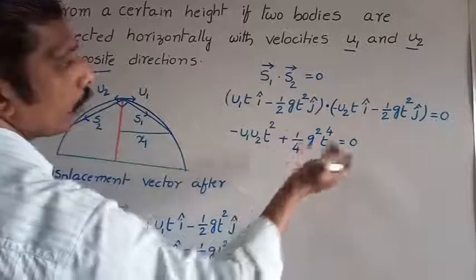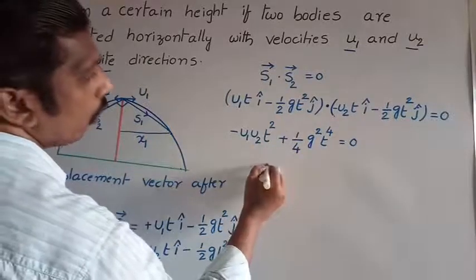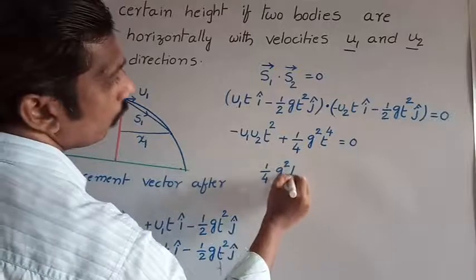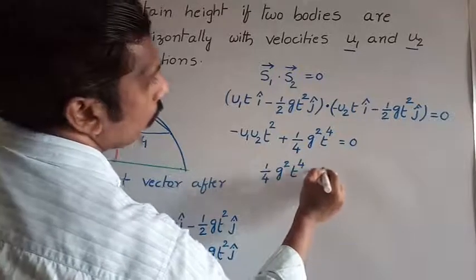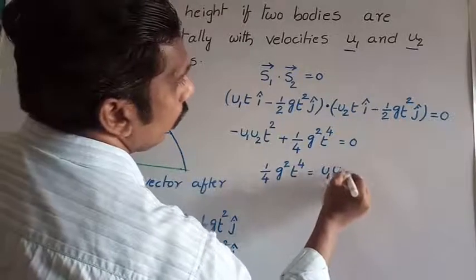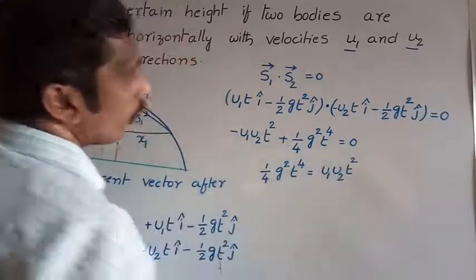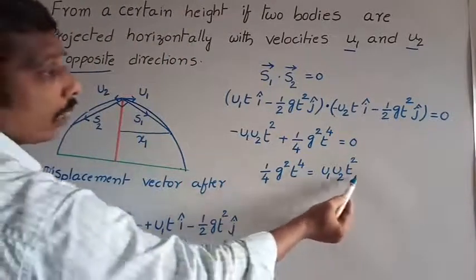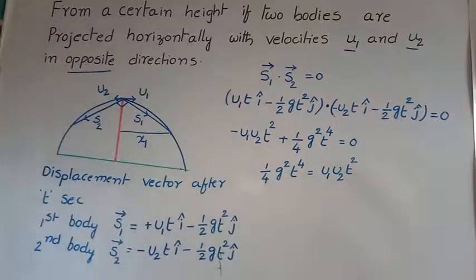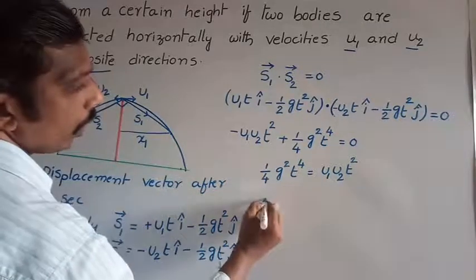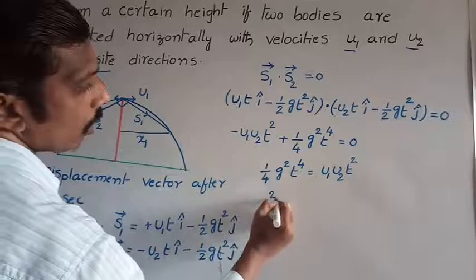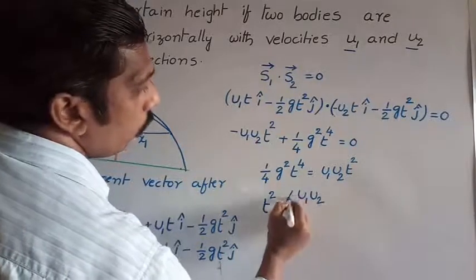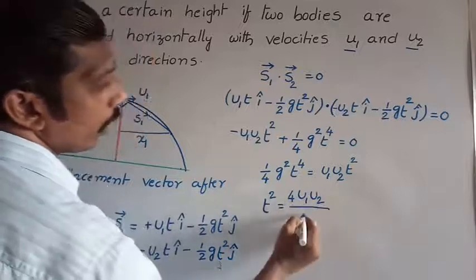Take one term to that side, then you get 1 by 4 into g square t power 4 is equal to u1 u2 into t square. Now here t square and t power 4 are there, so t square cancels. The remaining term, take that side, then you get t square is equal to 4 into u1 u2 by g square.